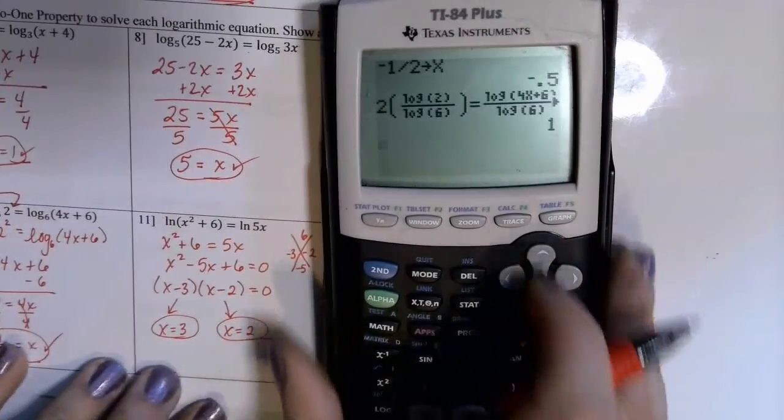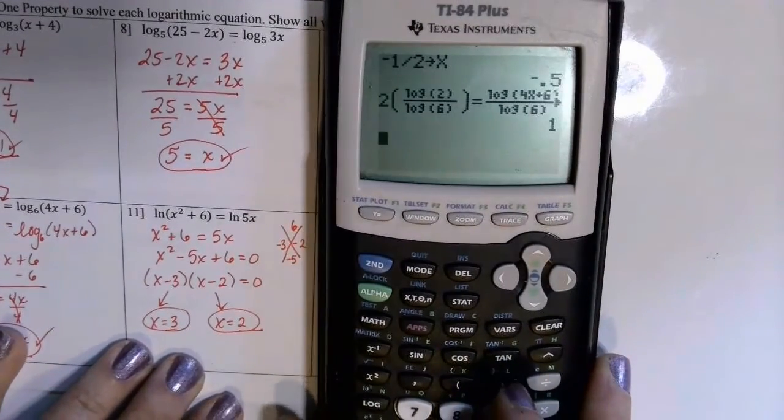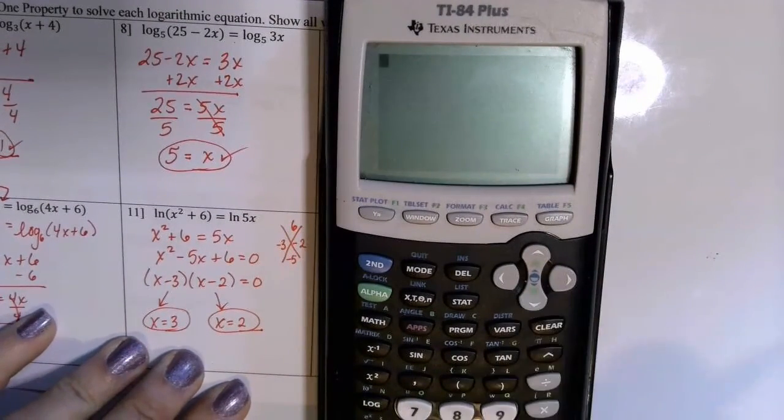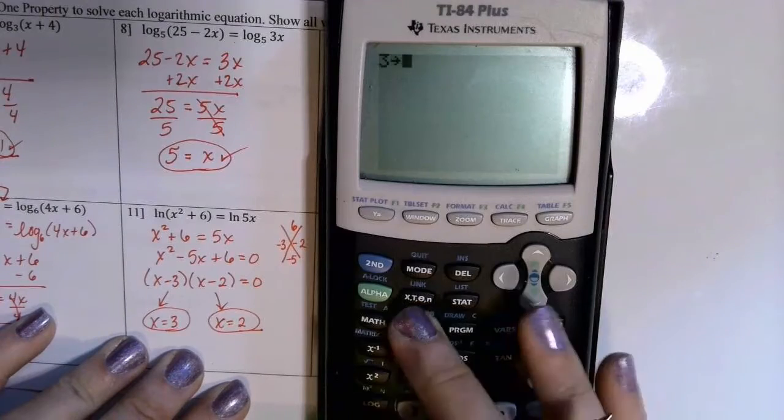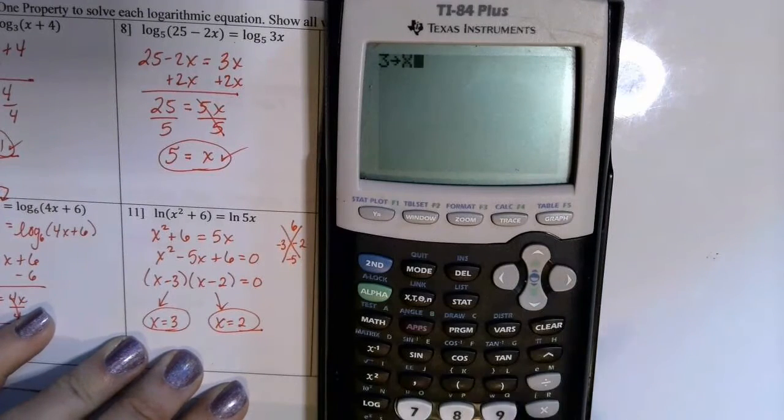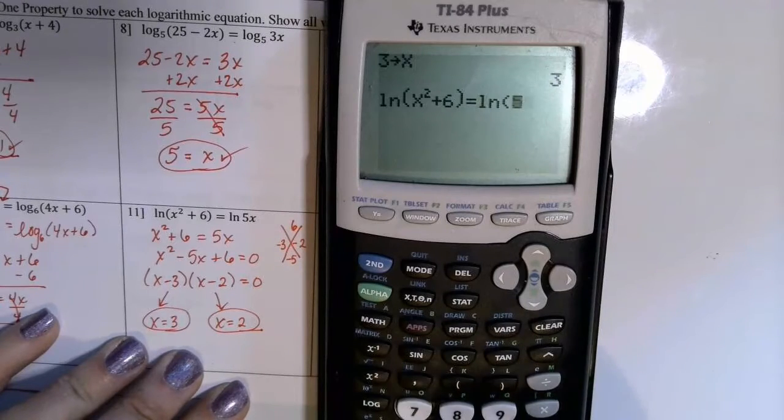So in the calculator, now to check those, we'll have a 3 store that as x, and then the natural log of the quantity x squared plus 6 is equal to the natural log of the quantity 5x.